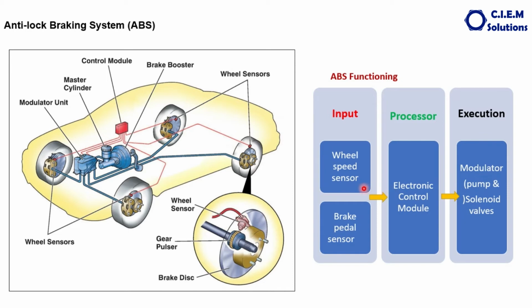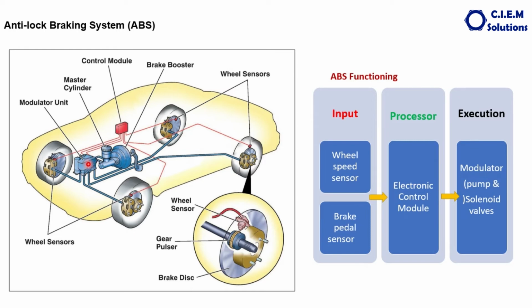In this case, the input devices are, number one, the wheel speed sensors. The second input sensor will be the brake pedal sensor, which indicates the travel of the brake pedal. The processor, as I told you, is the control module. This is the brain of the ABS. And this is the executing agent, the modulator valve.